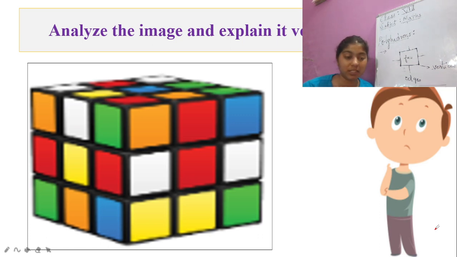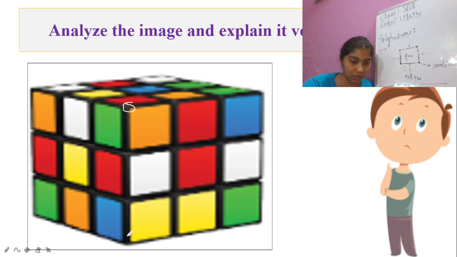So as you can see, let me mark with the help of this color, okay. We can see here, this is a vertex, this is also a vertex, this is also a vertex, and this is also a vertex, right? So you have to draw a line, you can get the edges, okay, and this is the first face.